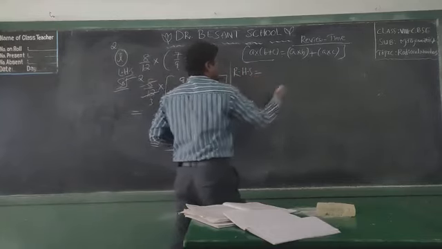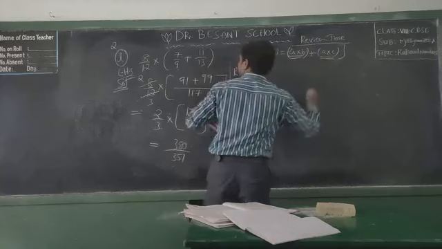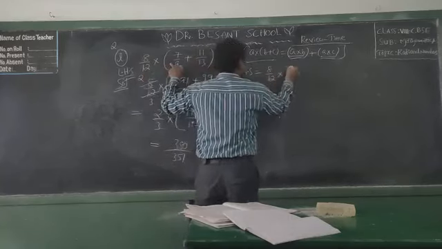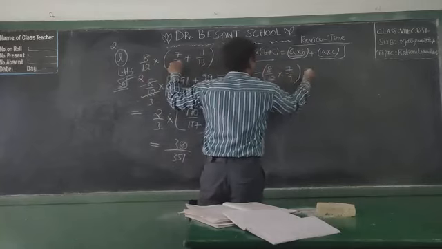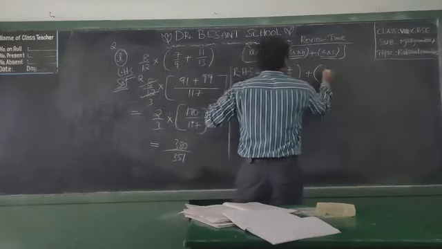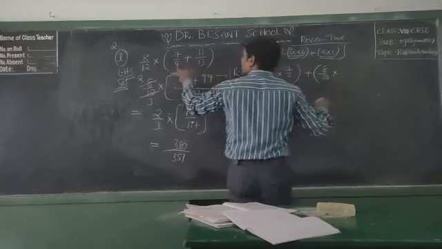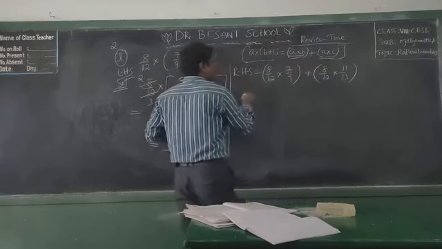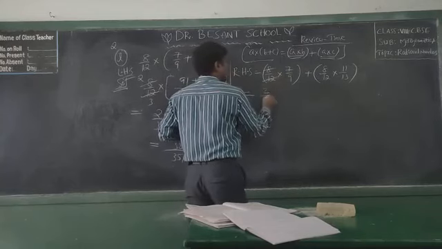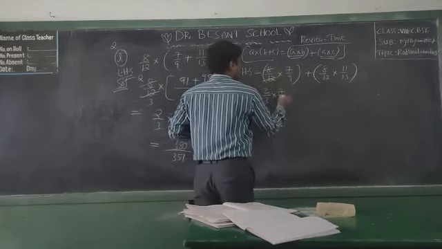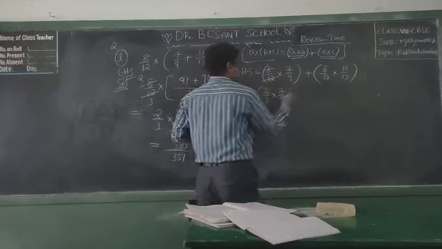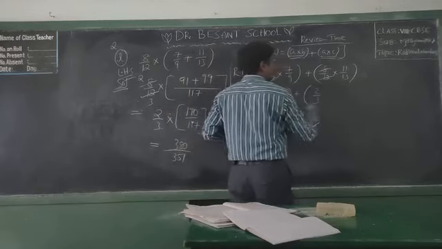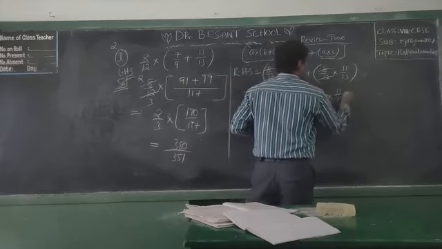RHS is equal to A into B plus A into C: A is 8 by 12 into B 7 by 9, plus 8 by 12 into C 11 by 13. 8 by 12 simplified, 4 twos are 8, 4 threes are 12, so 2 by 3 into 7 by 9 plus 2 by 3 into 11 by 13.